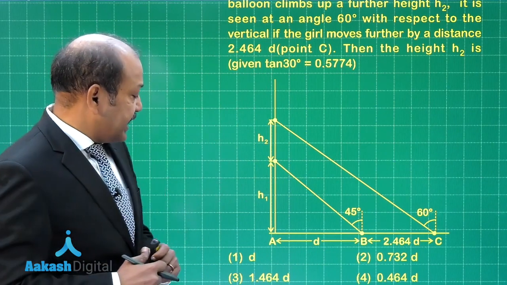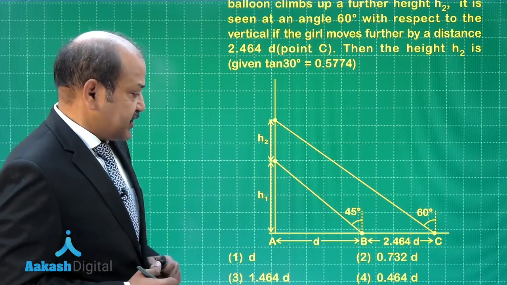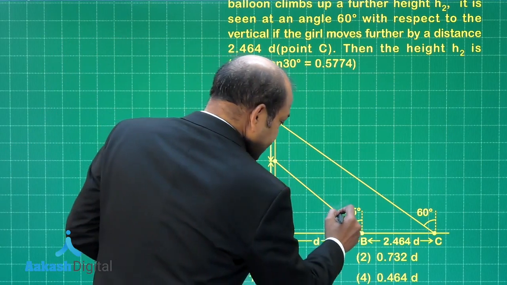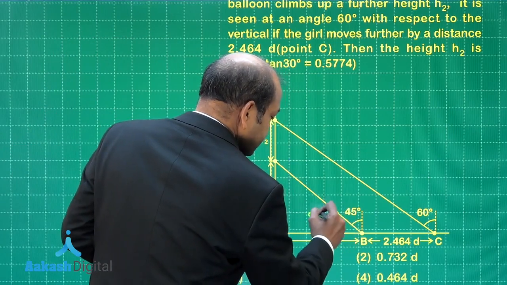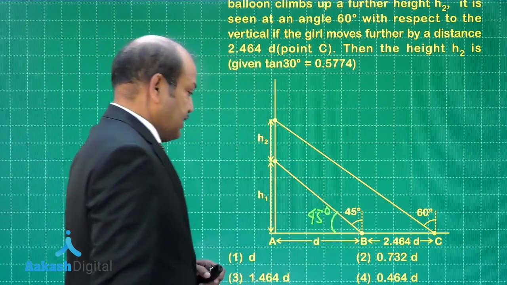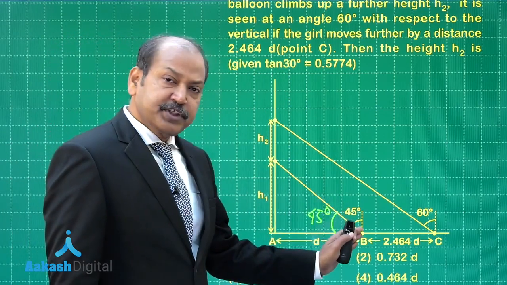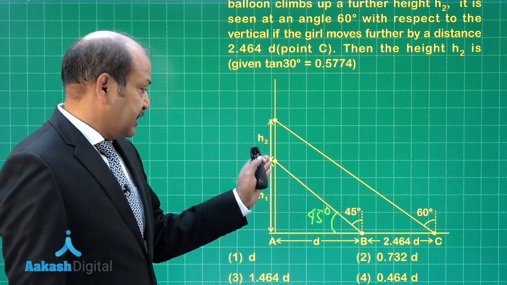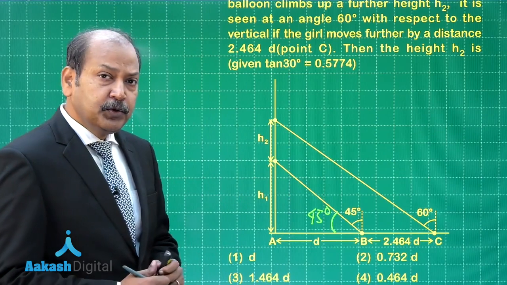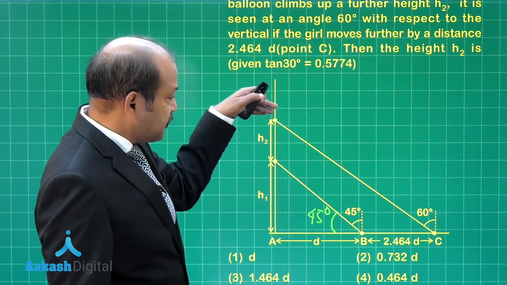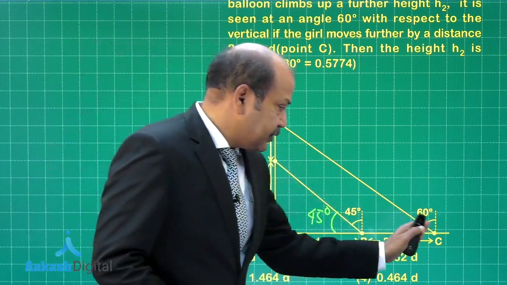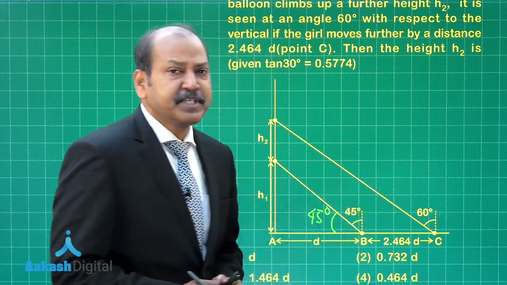Now from this diagram we can straightway point out that this angle is 45 degree, there should be no doubt. So this was the initial position of the girl, and at that time this was the position of the balloon. When the balloon has gone up to this point, the girl has moved up to this point, this angle has become 60 degree.